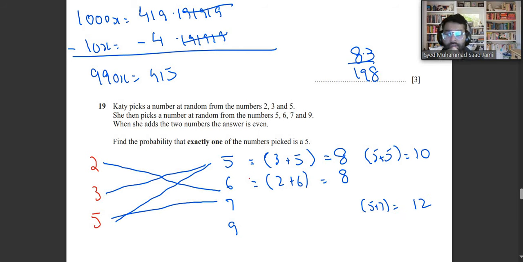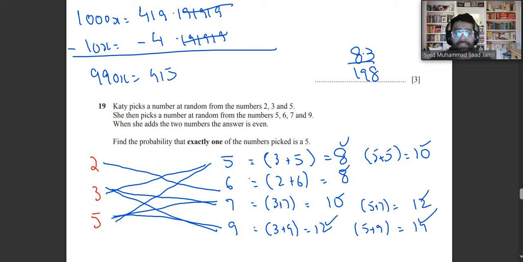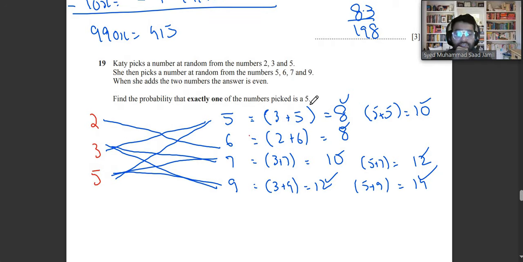Then 3 plus 9, the answer is also 12. Then 3 plus 7, the answer is 10. And 5 plus 9, the answer is 14. So how many did you get? 1, 2, 3, 4, 5, 6, 7. There are 7 combinations such that the answer is even.